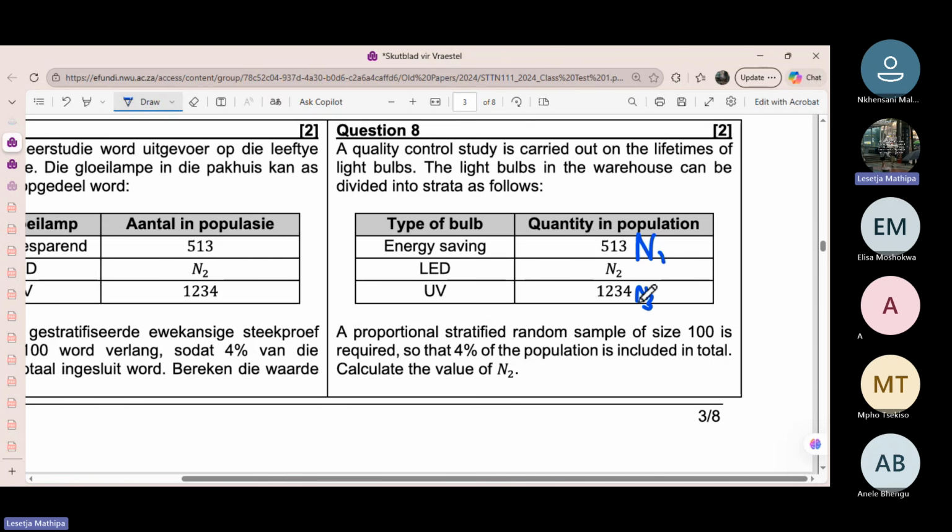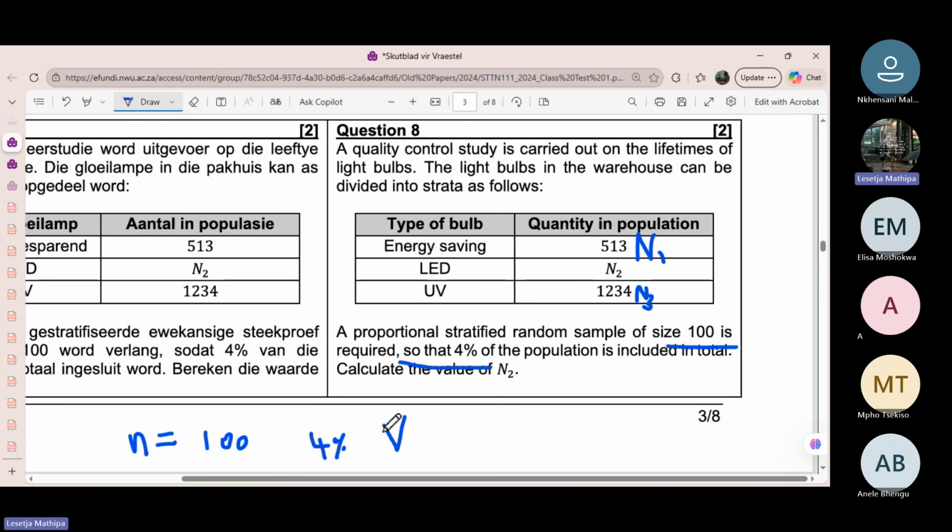A proportional stratified random sample of size 100, so small letter n is equal to 100, is required so that 4% of the population is included.